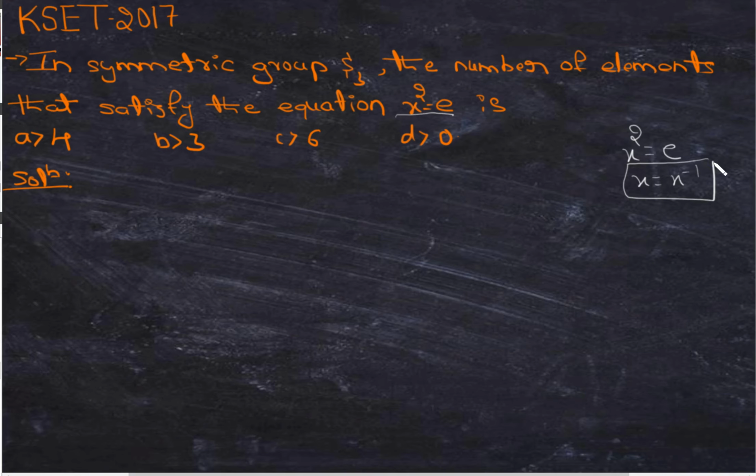And you all know that the identity element is always a self inverse element, and E square is also equal to E in any group. Next we see the background theory of this example.